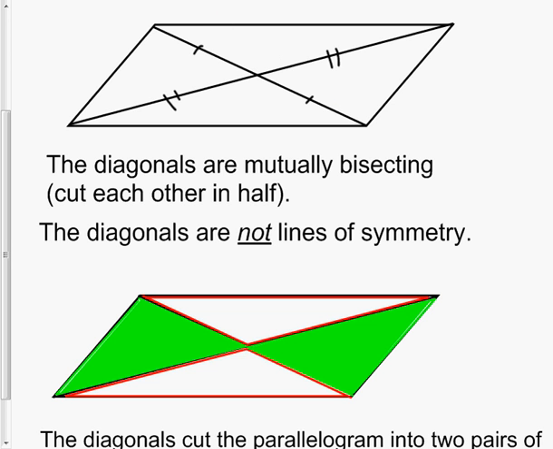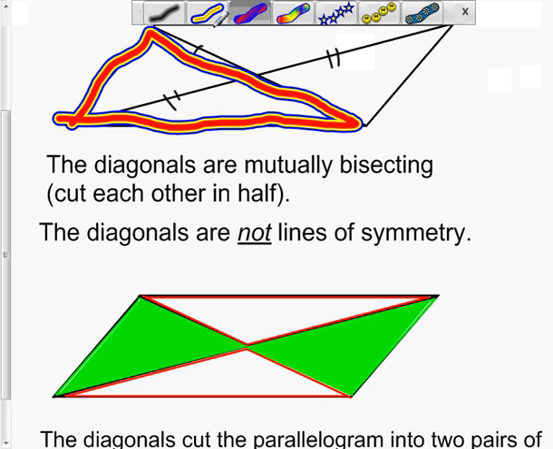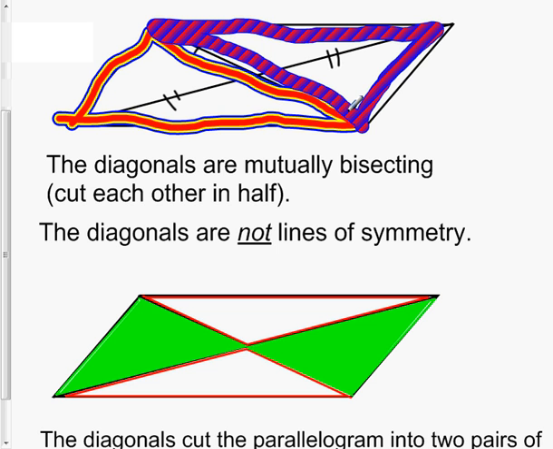So this triangle down here would be congruent to the other triangle here. Those look really nice, as you can tell.